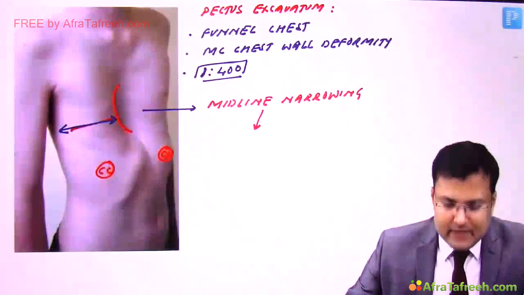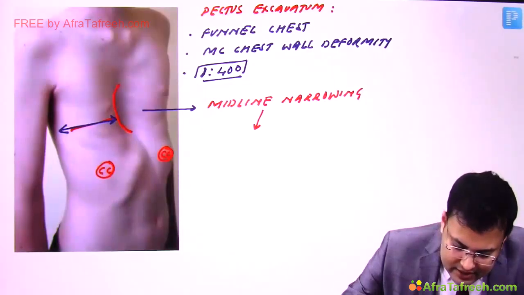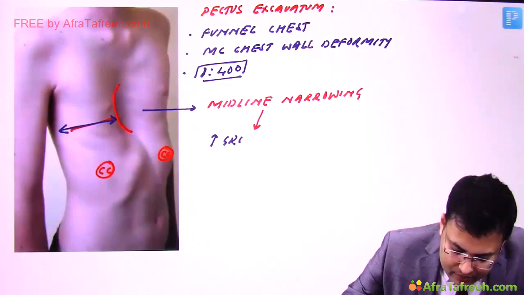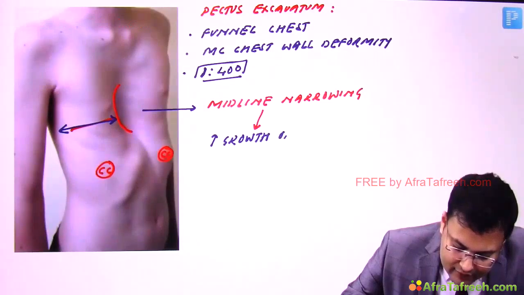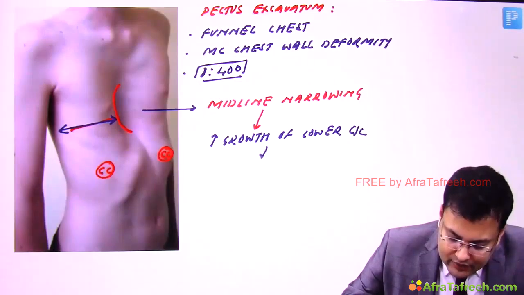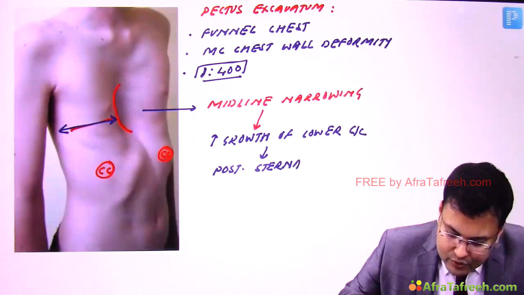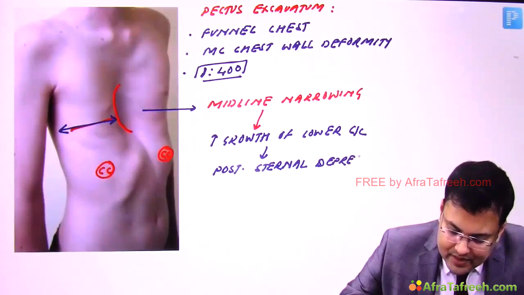And what is the cause of this midline narrowing of the thoracic cavity? There is excessive growth of lower costal cartilage. And because of this excessive growth of lower costal cartilage, there is posterior sternal depression. Simple.